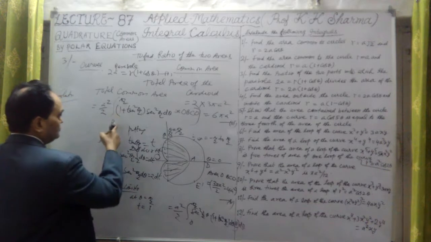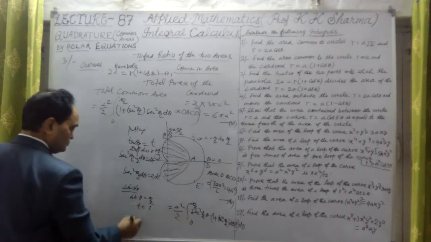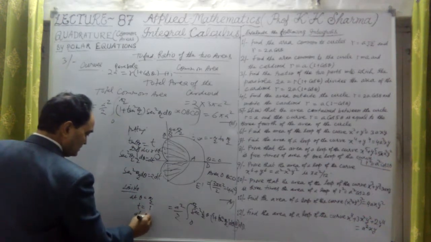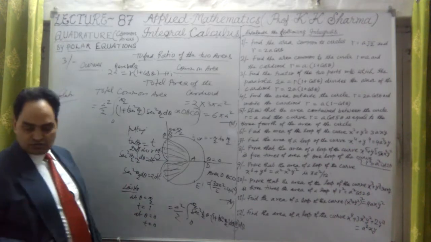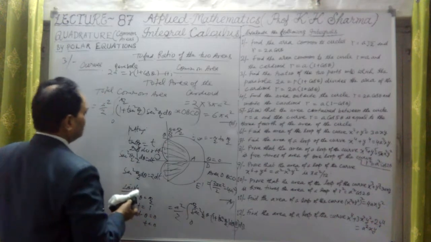And at theta equal to 0, tan 0 is 0, so t is 0. So limits are 0 to 1.